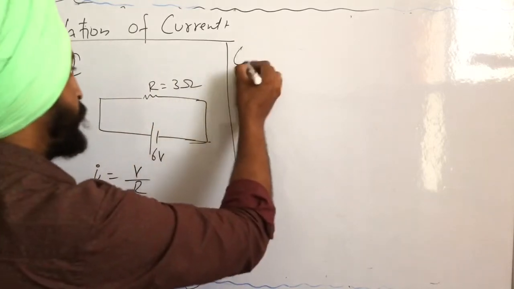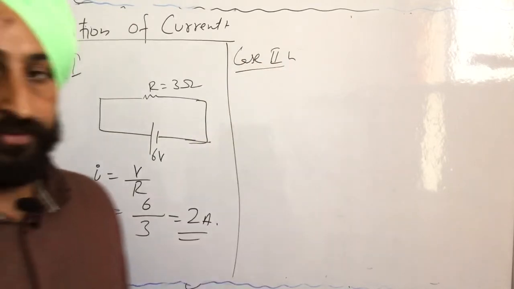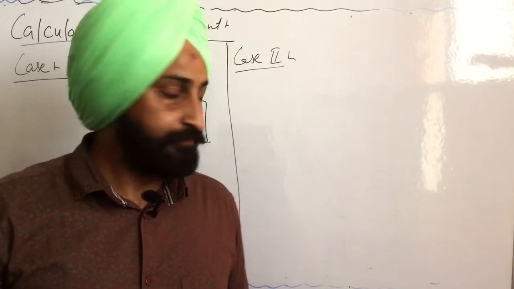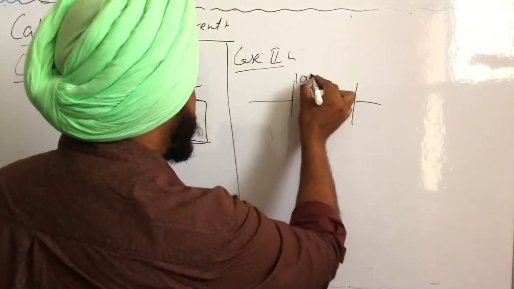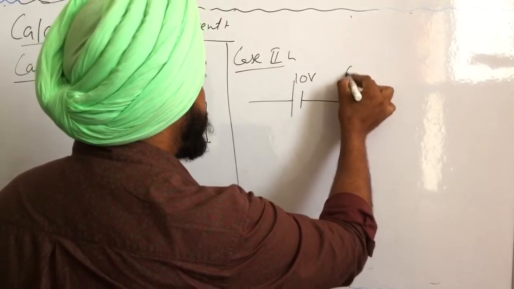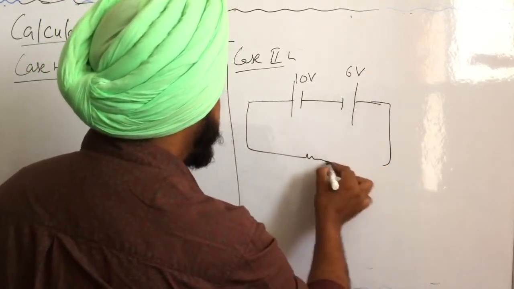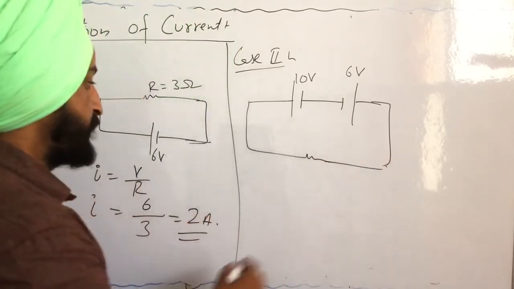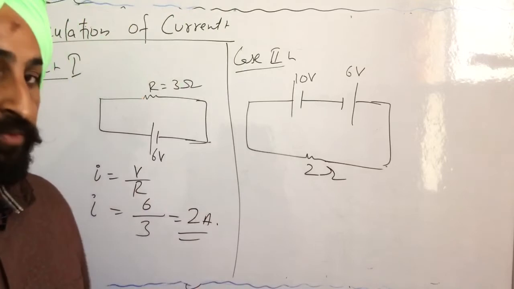Now coming to case 2. Now let us have two batteries connected together, the first of 10 volt, the second of 6 volt, and they are connected to a resistor of 2 ohm, and you are asked to calculate the current.